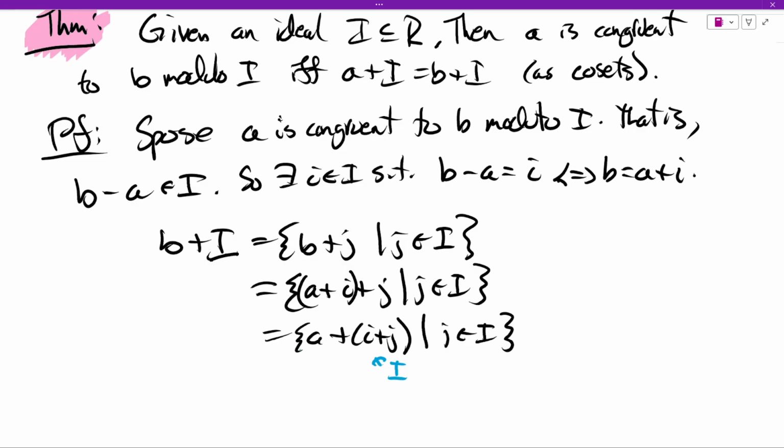Great. So B plus I is a collection of all A plus (i plus j)'s, which is maybe not all of the elements of I. Maybe you can't get all of them as a sum. In fact, you can, but maybe you can't.